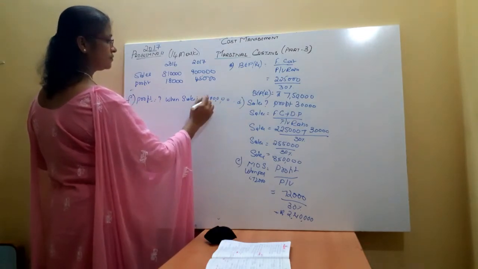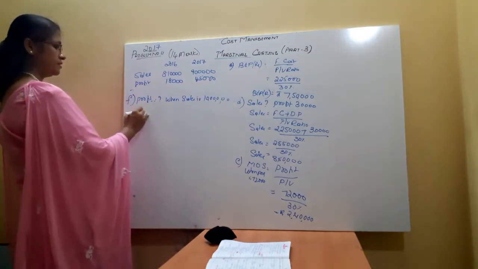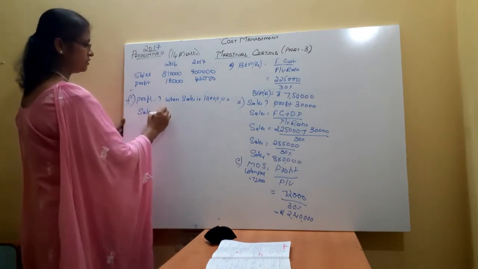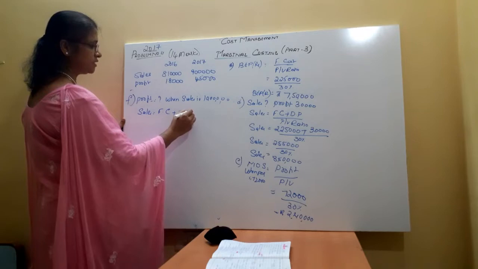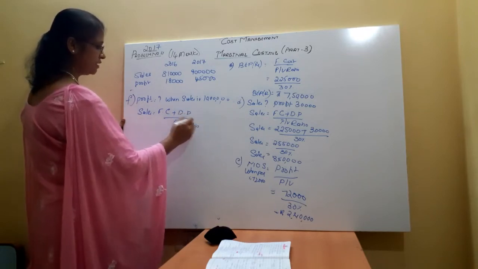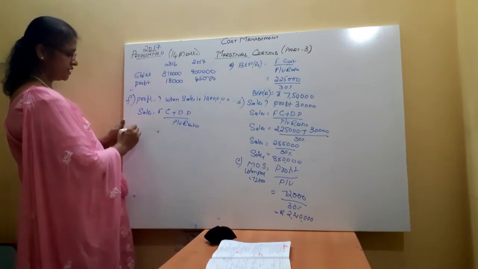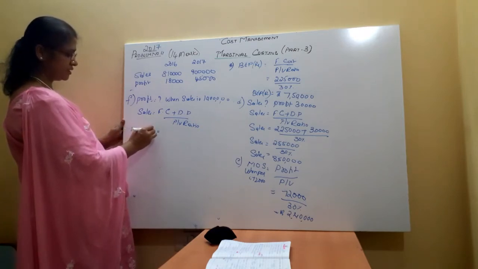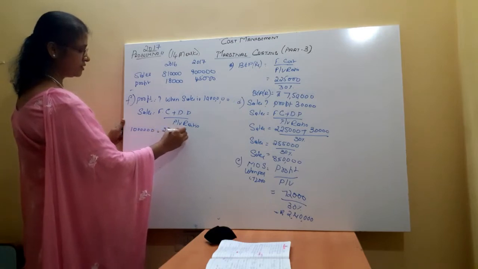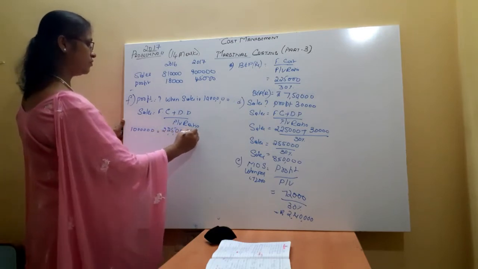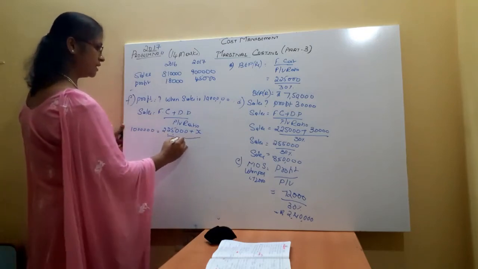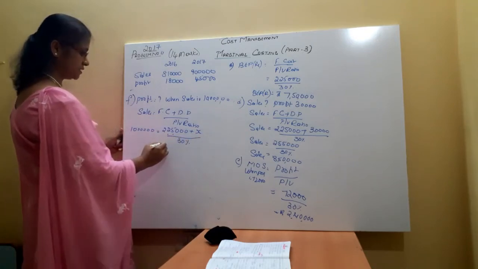Again the formula is sales is equal to fixed cost plus desired profit divided by PV ratio. So sales is 10 lakhs, I'm writing it down here. Fixed cost is 2,25,000. We need to find the profits. I'm taking that as X divided by PV ratio is 30%.